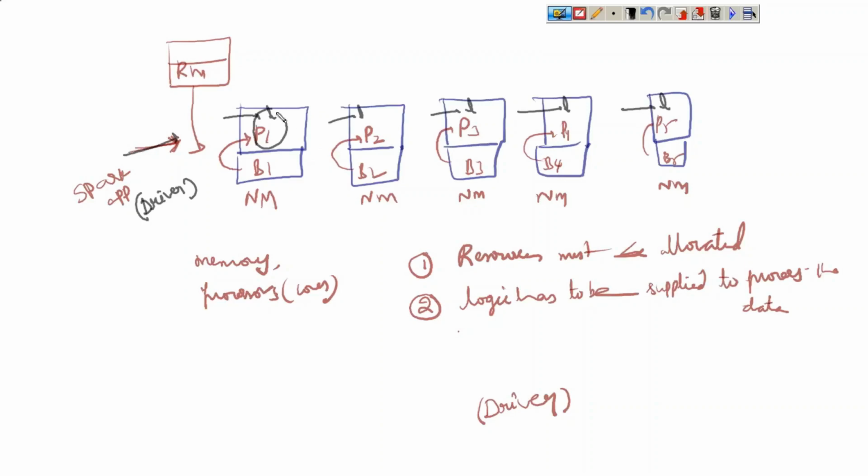Got it now? The execution of the partition with the supplied logic is called execution. The execution of the partitions with the supplied logic will be carried out by a program called the executor in every node.